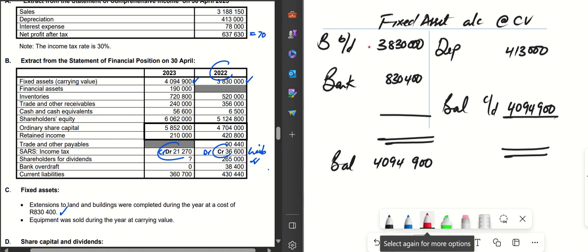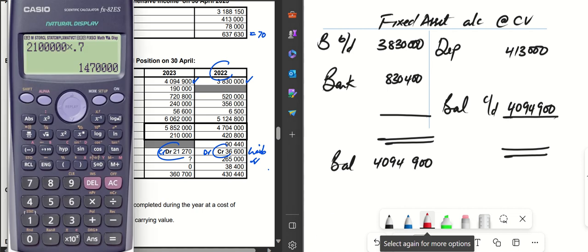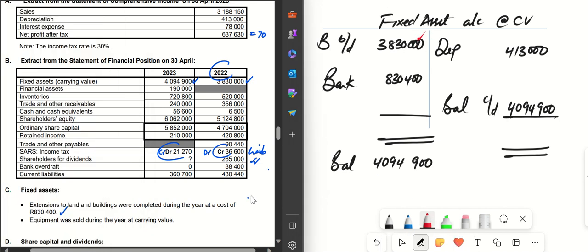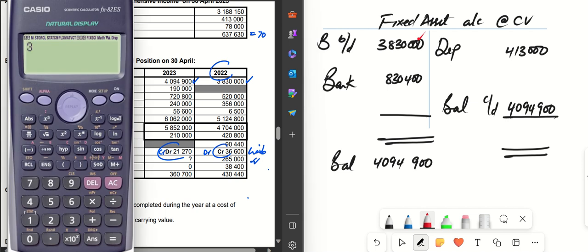So I'll just add these two. If you have your calculator, let me just show you so that I can help you there. We will simply now come and say we're adding our 3,830,000. Then we say plus 830,400.